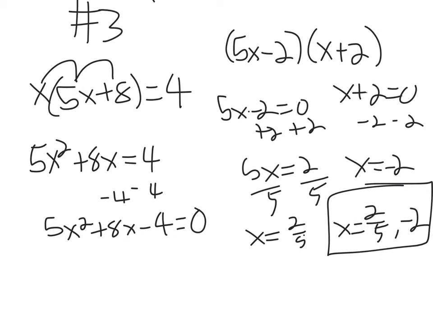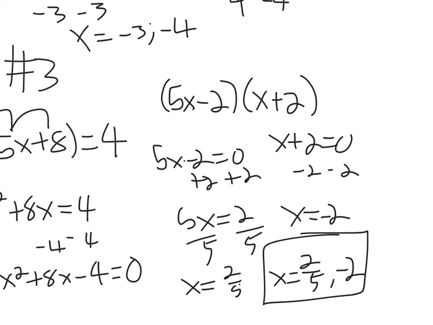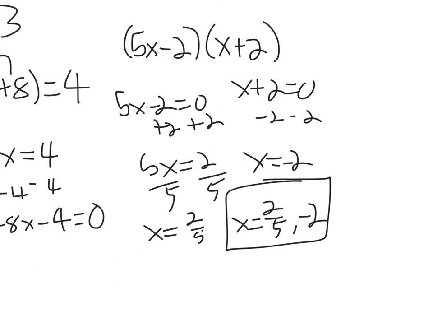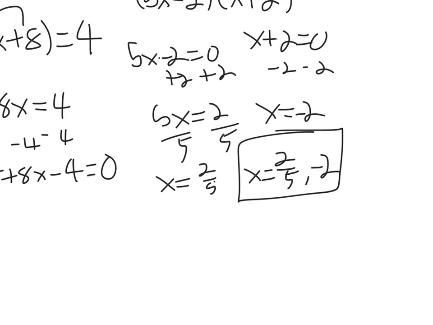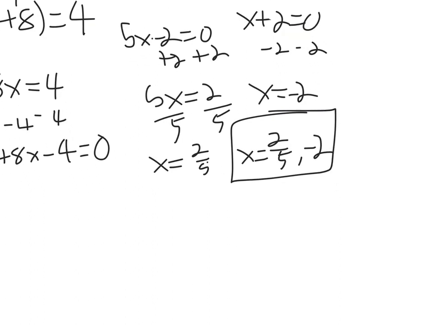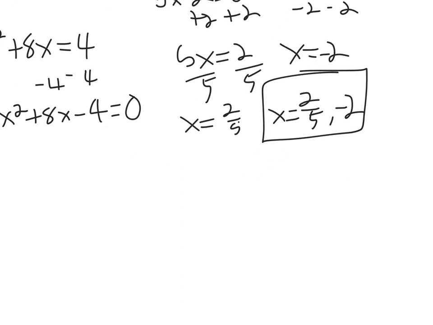And then you would factor that, and you would get 5x minus 2 times x plus 2. And then again, like all the other problems, you'd set them equal to 0, so it'd be 5x minus 2 equals 0, and x plus 2 equals 0. And then you get 5x equals 2, and x equals negative 2. X equals negative 2 is one of your answers, but 5x equals 2 can be solved further, and that would be x equals 2/5. So your two answers would be x equals 2/5 and x equals negative 2.